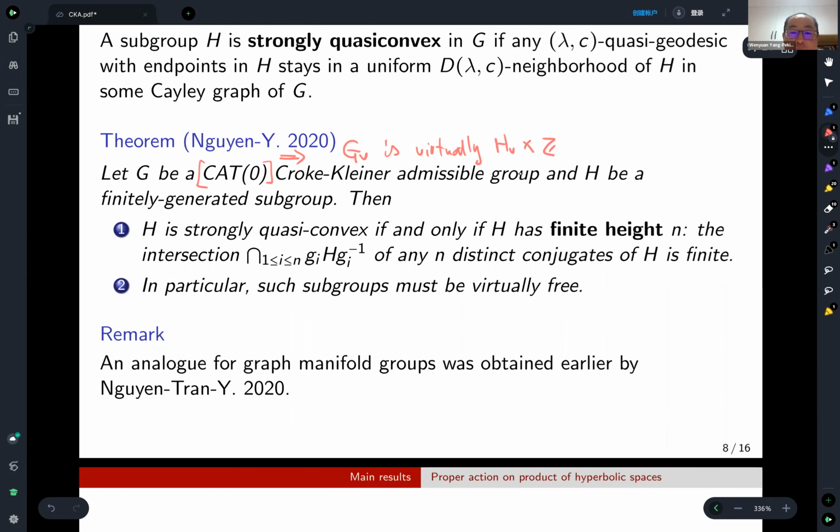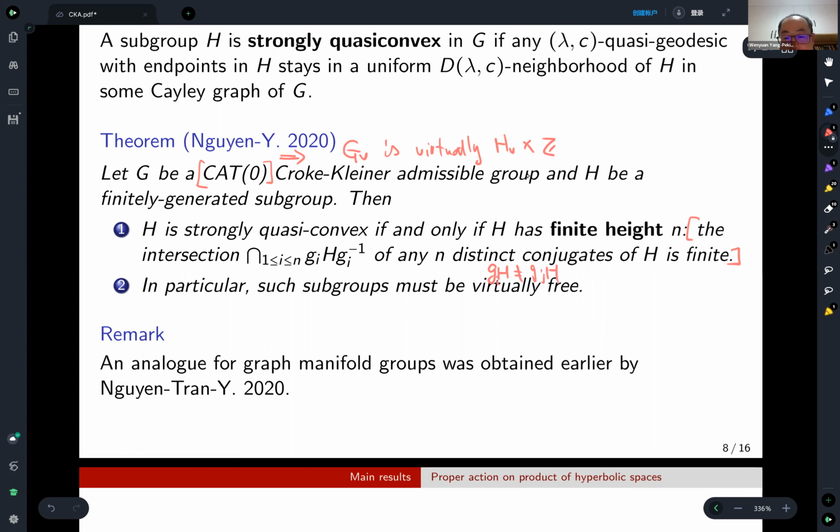So in general, once we have this, we have the same conclusion. So the CAT0 condition is mainly for this property. Then we can characterize strong quasi-convexity of a subgroup as finite height of H. The finite height of a subgroup means the following algebraic condition: consider any n distinct conjugates, meaning the left cosets are different.